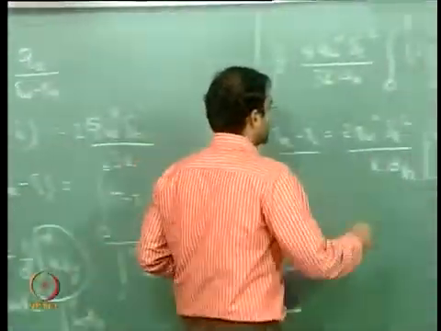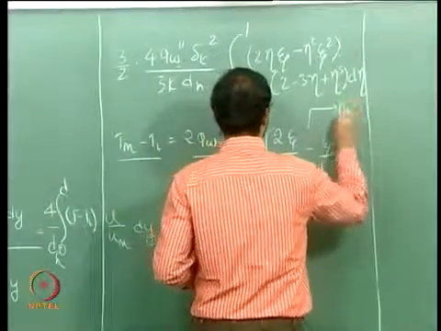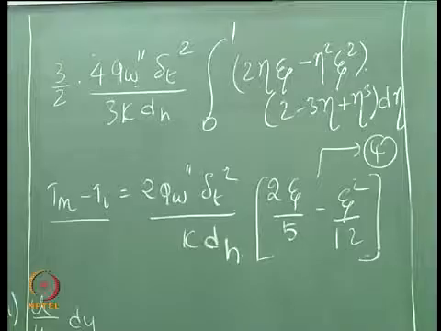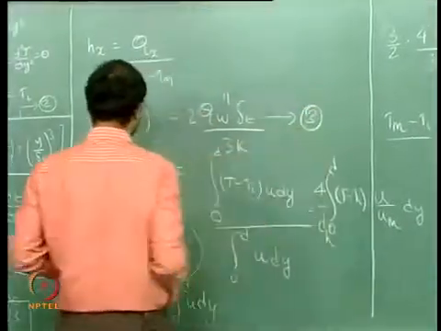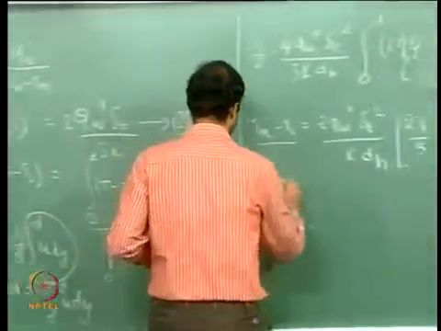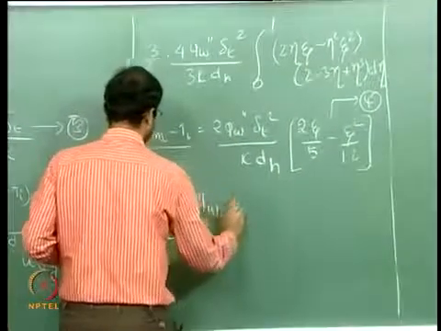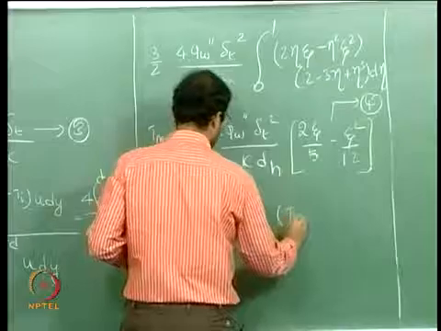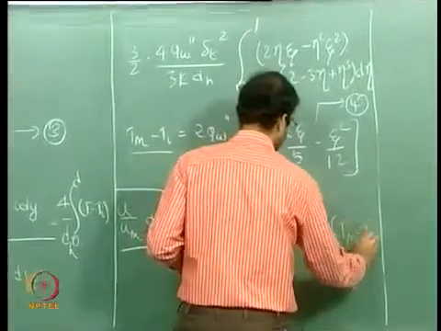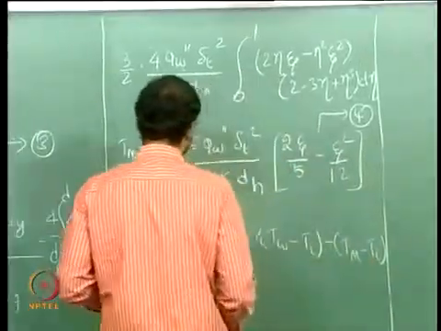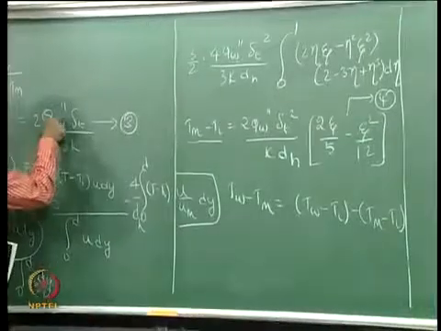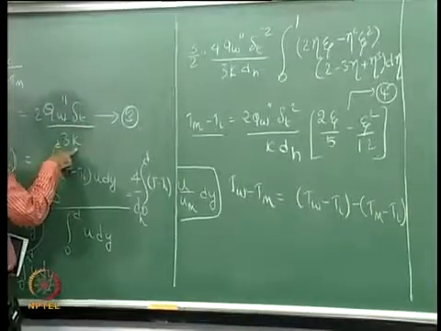Let me call this equation number 4, and this is the expression for Twall minus Ti. This is equation number 3. So therefore Twall minus Tm can be written as Twall minus Ti minus Tm minus Ti. You see there are common terms here. Your 2q double prime delta t by k is common.